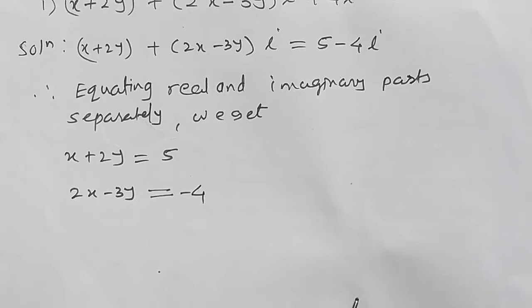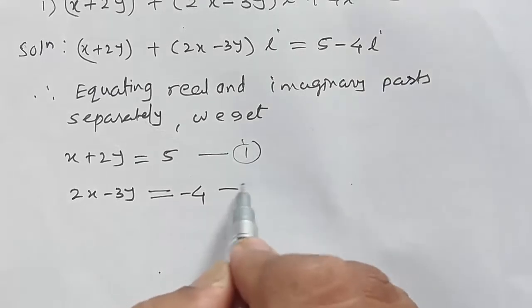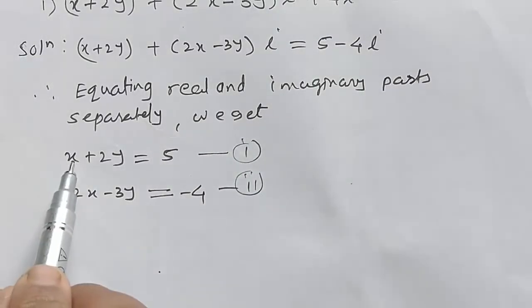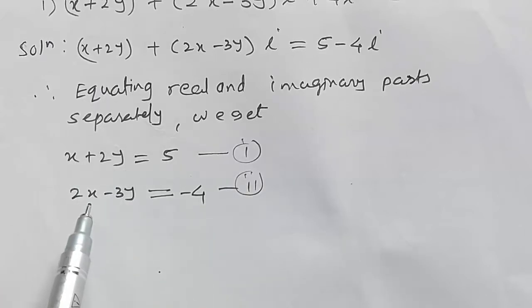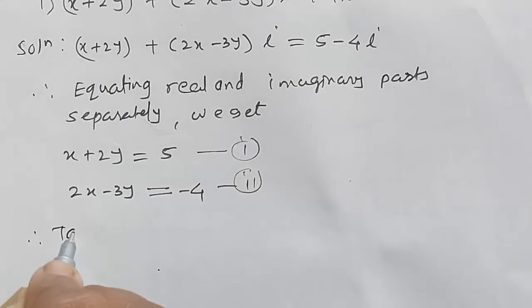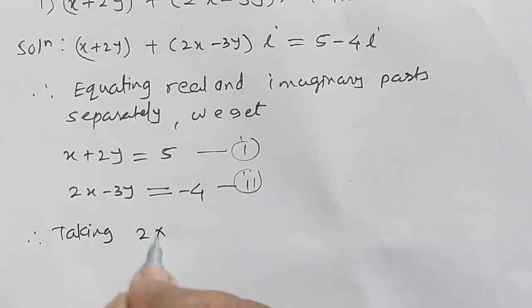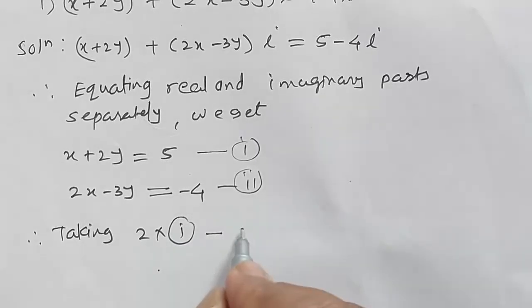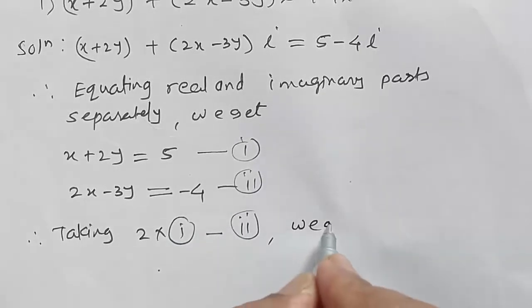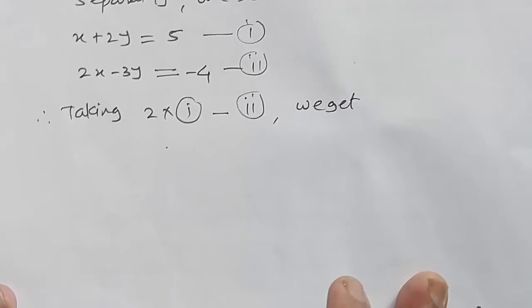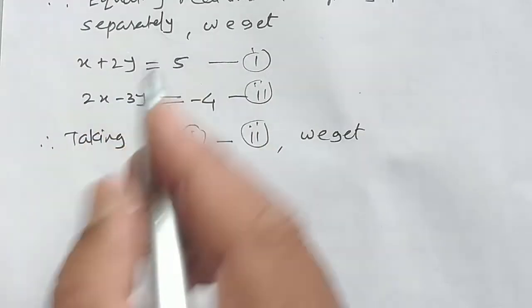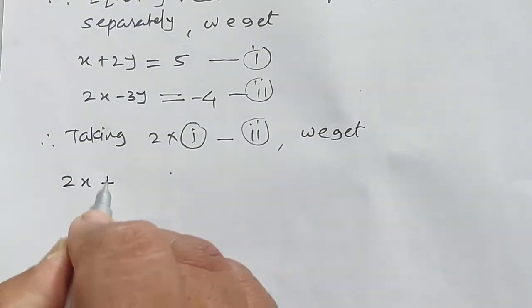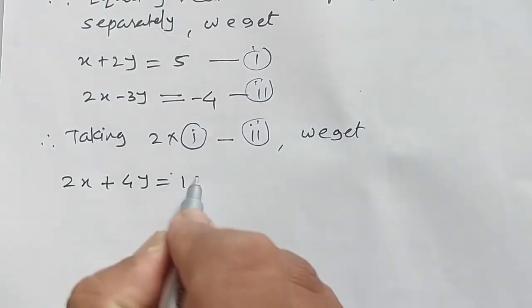Now in order to find the values of x and y, this is equation number 1, this is equation number 2. We multiply equation number 1 by 2 and subtract equation number 2 from it. Multiplying equation 1 by 2, we get 2x + 4y = 10.